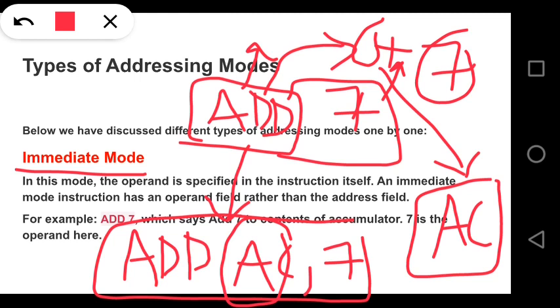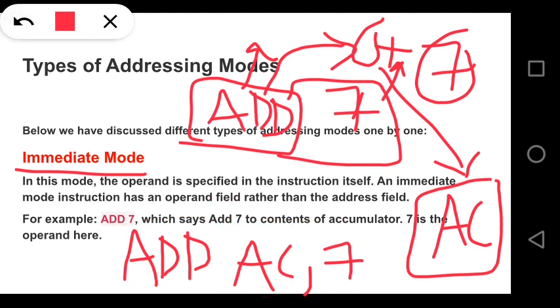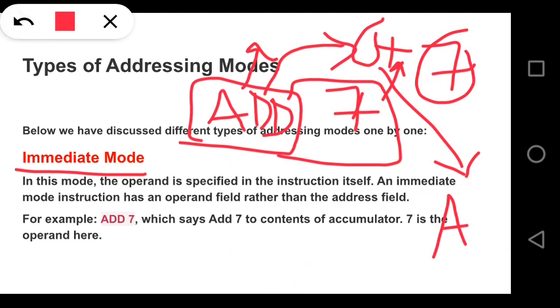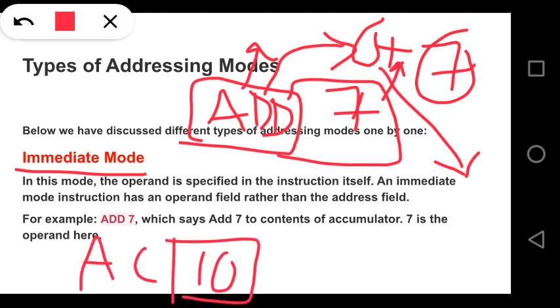Why? Because AC is the default register, the default operand. AC is the accumulator register. All of you know that AC is an accumulator. It is a special kind of register, and this register holds some value that is the default operand. The second value is 7, which is directly added to the content of the accumulator. Let's assume the accumulator contains the value 10.